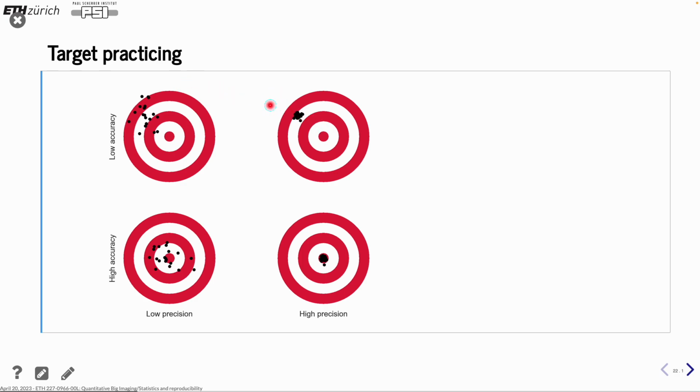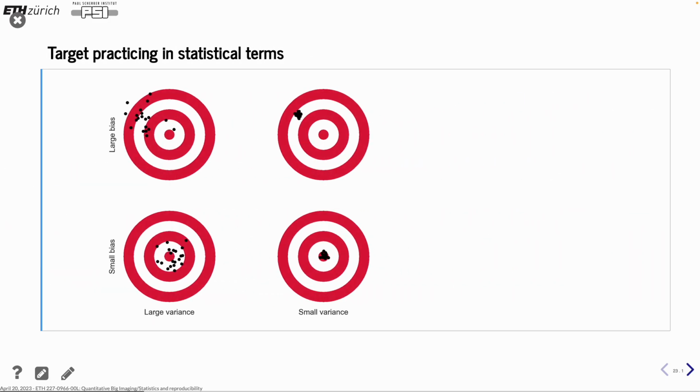You can see that it's more focused, but it's still not on the target. And then, going towards higher accuracy or higher precision, with low precision it's still a splat, but it's centered around what you want to measure. The ideal case is both high accuracy and high precision, but you can't always get that.